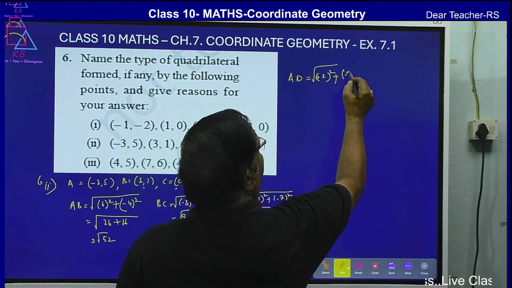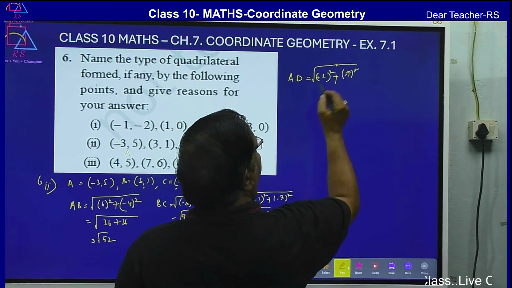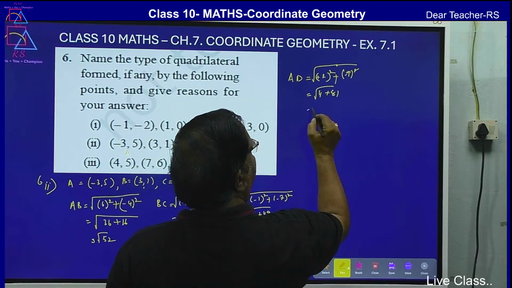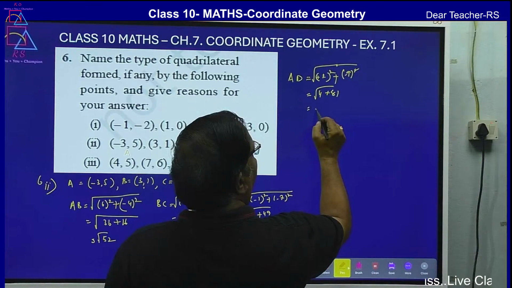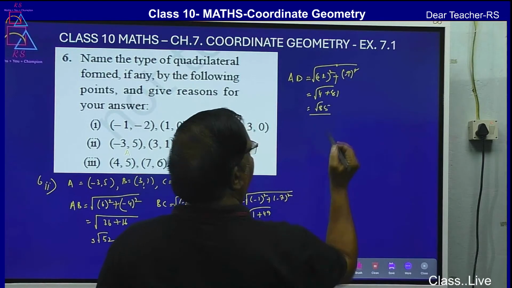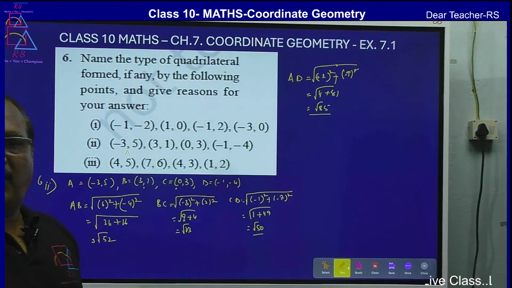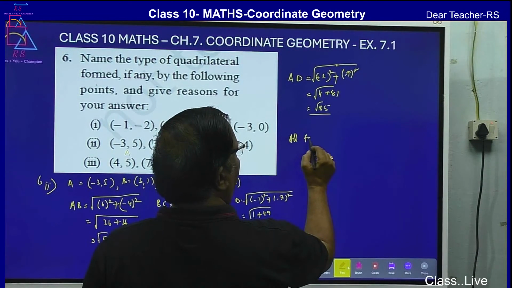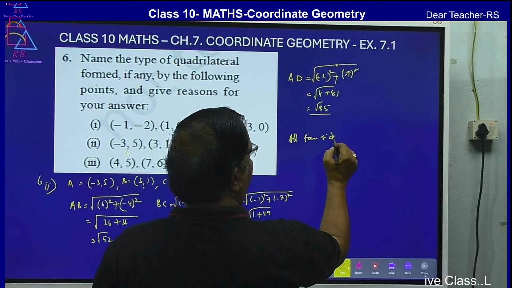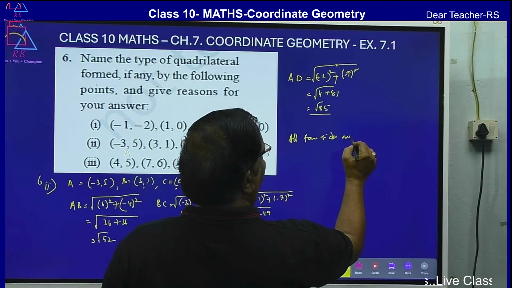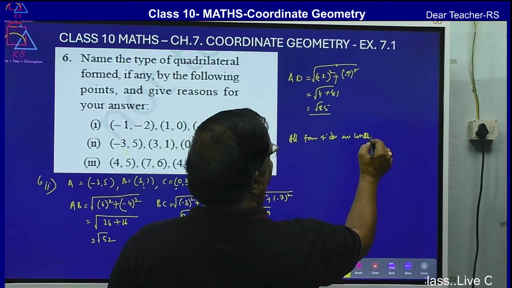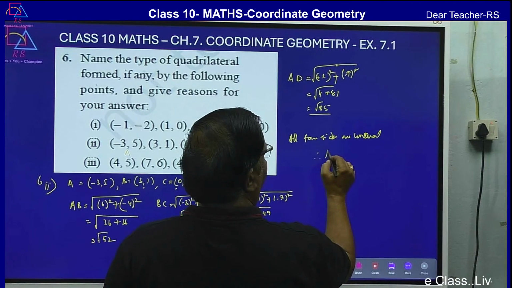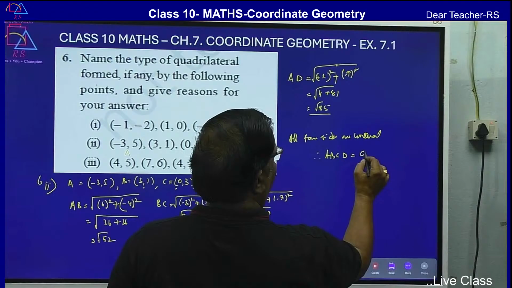Minus 9 whole square, is equal to 4 plus 81, which is equal to square root of 85. So all the four sides are unequal. Therefore, ABCD is just a quadrilateral.